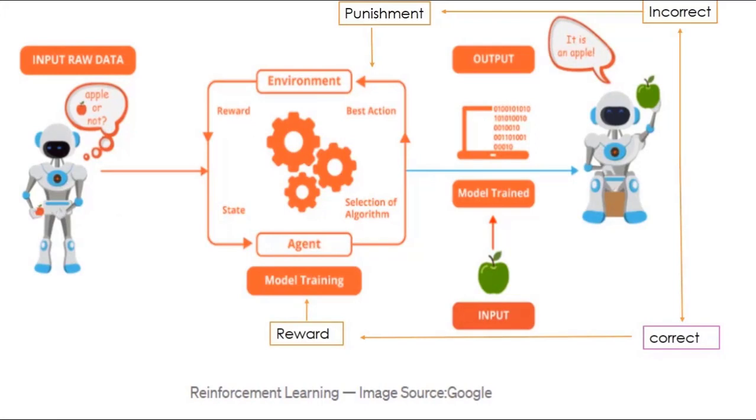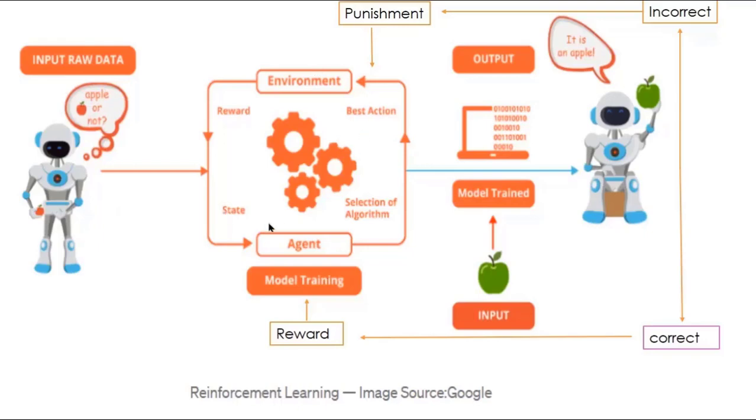In reinforcement learning, a software agent learns without the interference of humans by interacting with its environment. We don't tell how to perform a task, but the software agent works through the problem by itself.